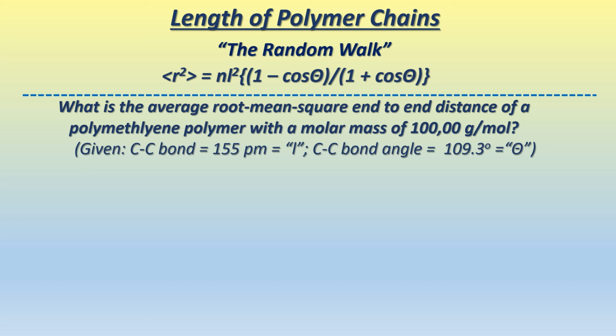To demonstrate this, an example. I have a polymethylene polymer that has a mass of 100,000 grams per mole or 100,000 Daltons. I know the carbon-carbon bond distance is 155 picometers, and I know the carbon-carbon bond angle is 109.3 degrees.